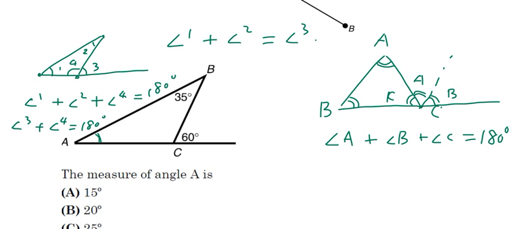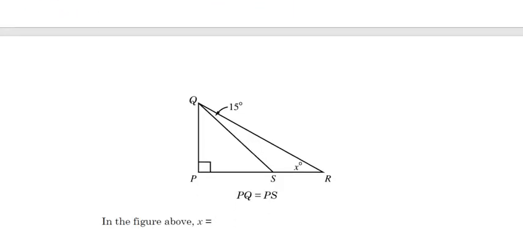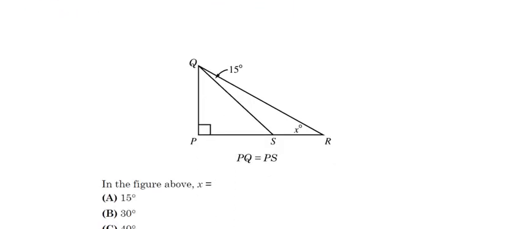So if this is 35 and this is 60, then angle A plus 35 should equal 60, so we can find angle A easily. This problem part is the same.